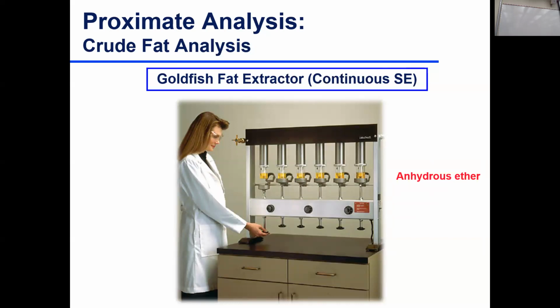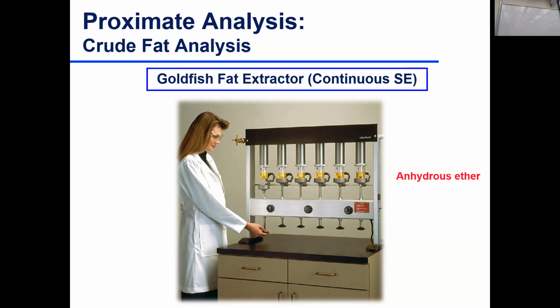And then here is a condenser, so you have water flow into the condenser. The solvent evaporates due to the hot plate, goes up into the condenser and condenses inside where we have a holder for your sample.